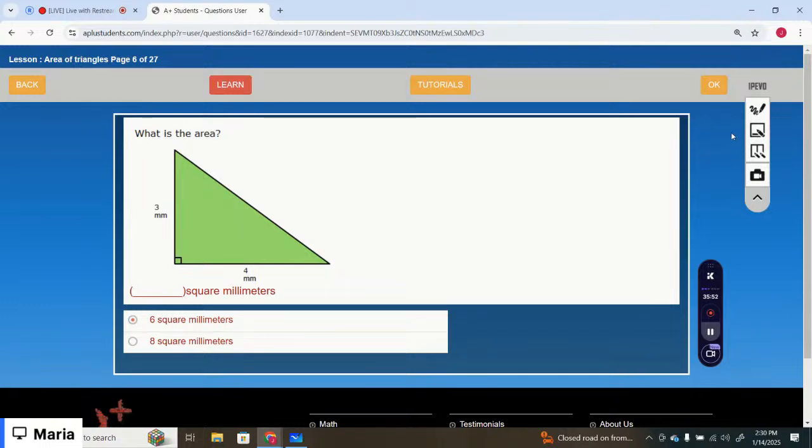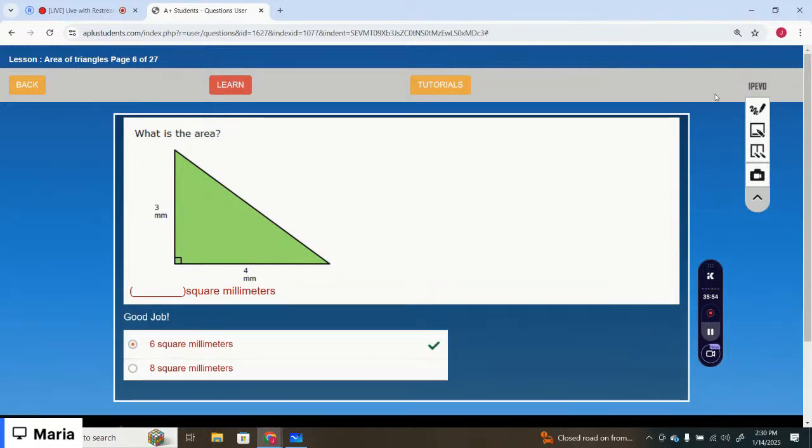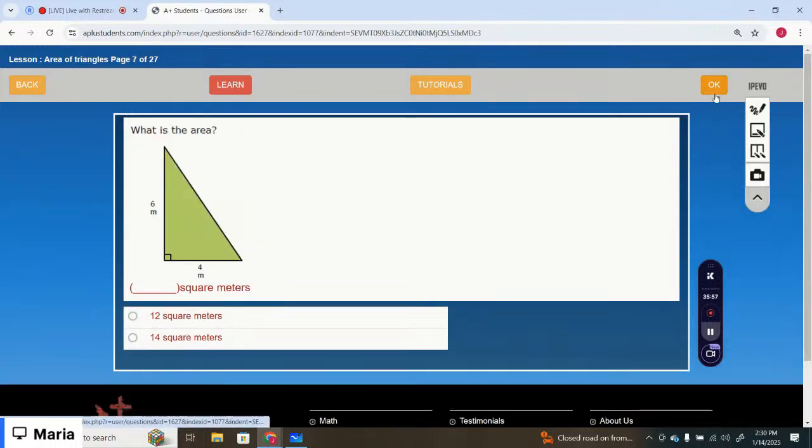Option number one is the correct option. What is the area, which is the correct option? That is 12 square meters. Option number one is the correct option.